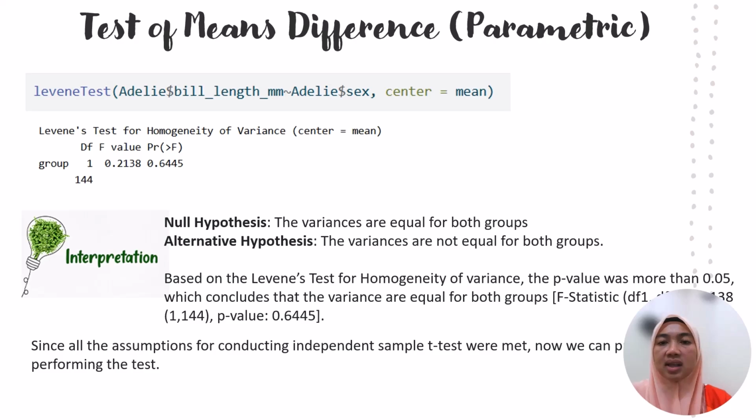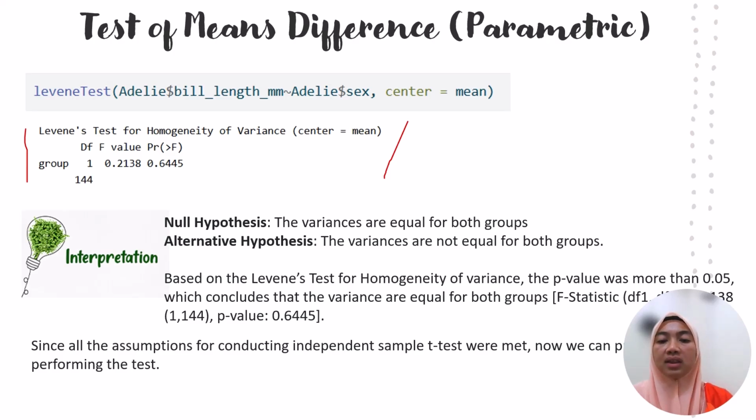This is the syntax for the Levene's test, and this is the output, so we need to interpret our result according to the hypotheses we stated. The null hypothesis is that the variances are equal for both groups, and the alternative hypothesis is that the variances are not equal for both groups. So how do we interpret our result?